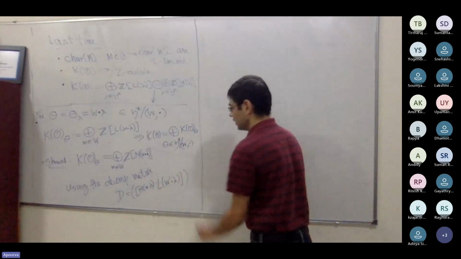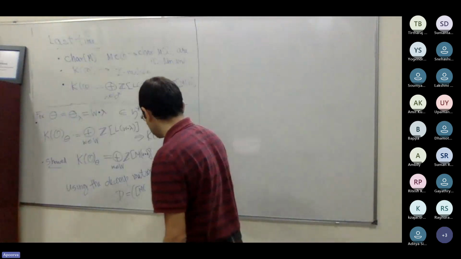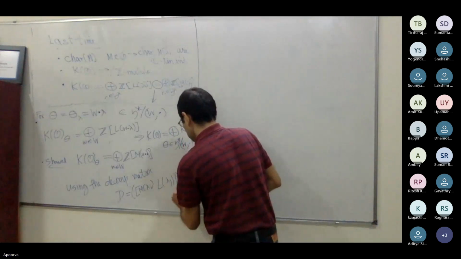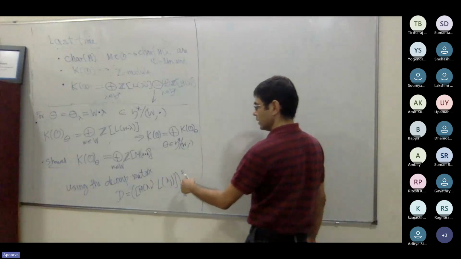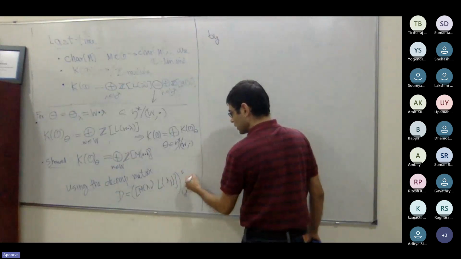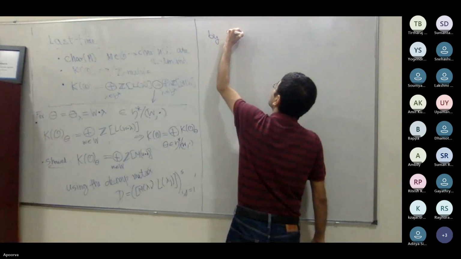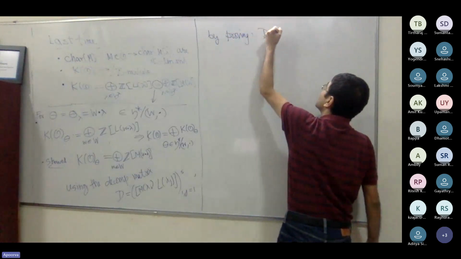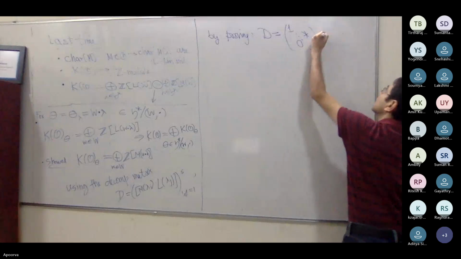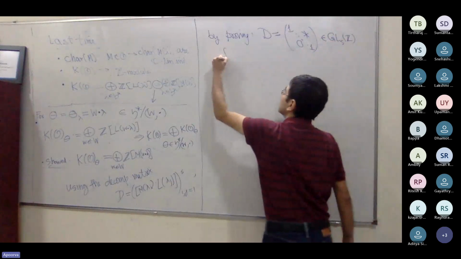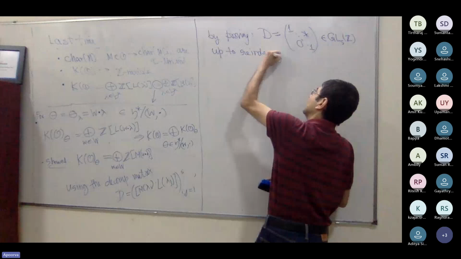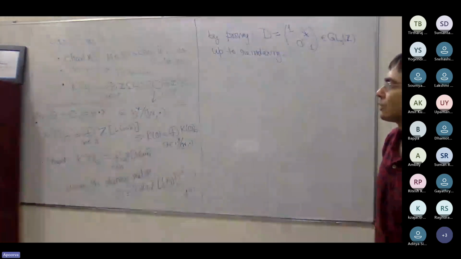Let's call it this way, or maybe I gave it a name: lambda 1 to lambda S, lambda i, lambda j, where i, j go from 1 to S. We showed this by proving that the decomposition matrix is upper triangular, with ones on the diagonal and something above the diagonal, for some order on these weights. That's what we had done.